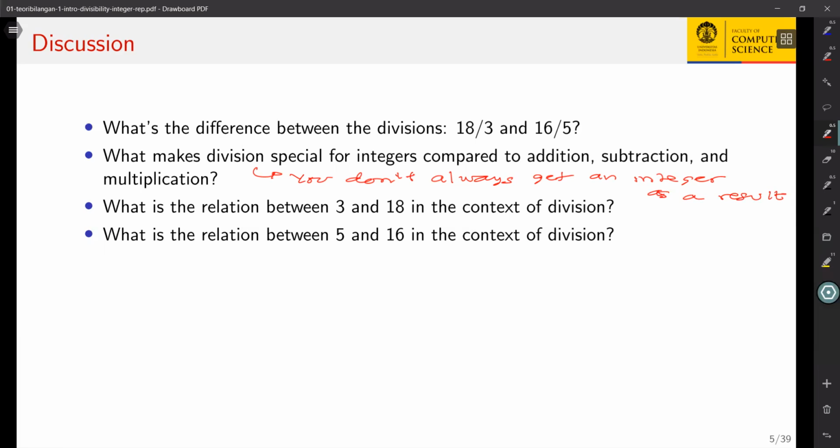Now with this, we could distinguish. For example, between 18 and 3, there is a relation between them in the context of division.